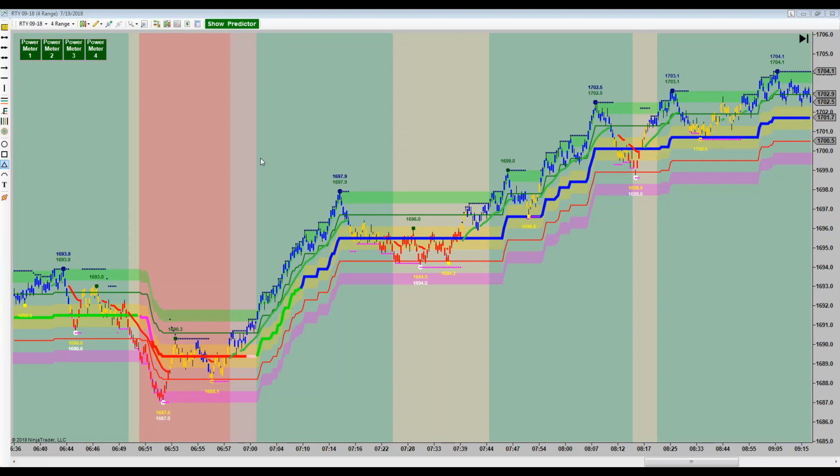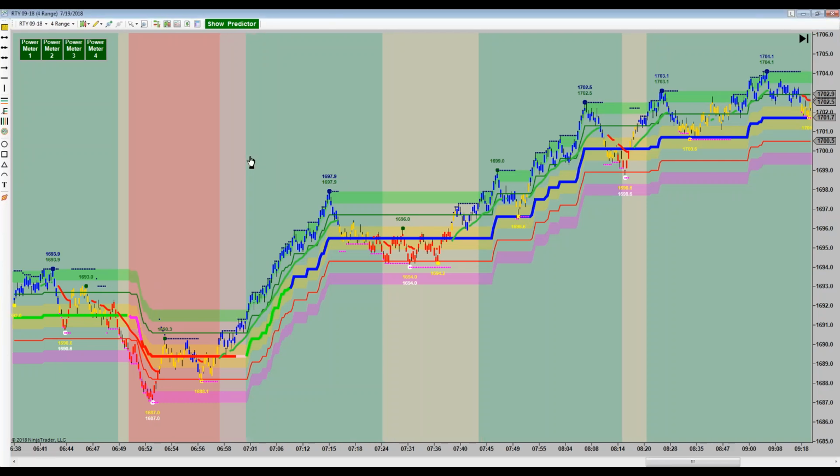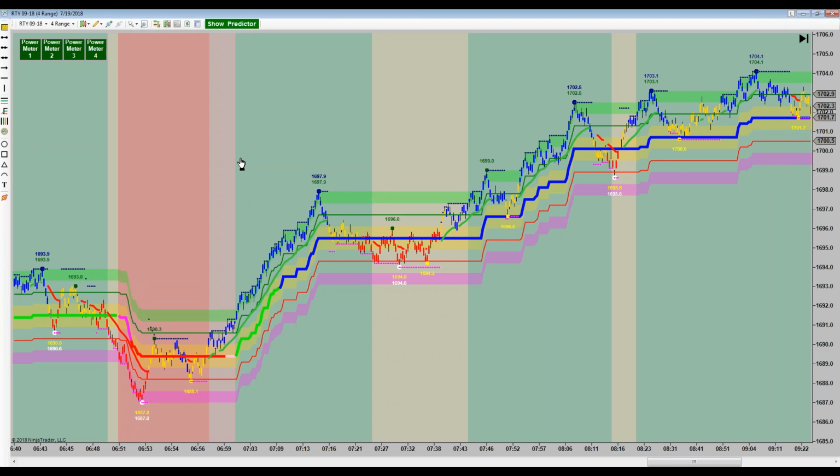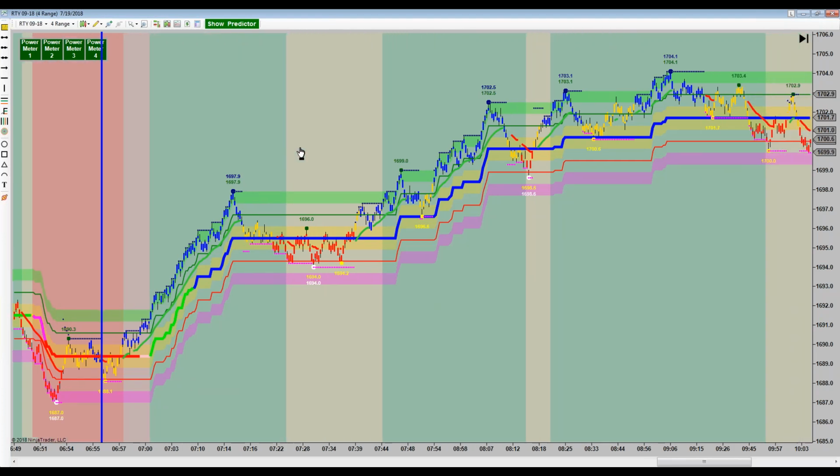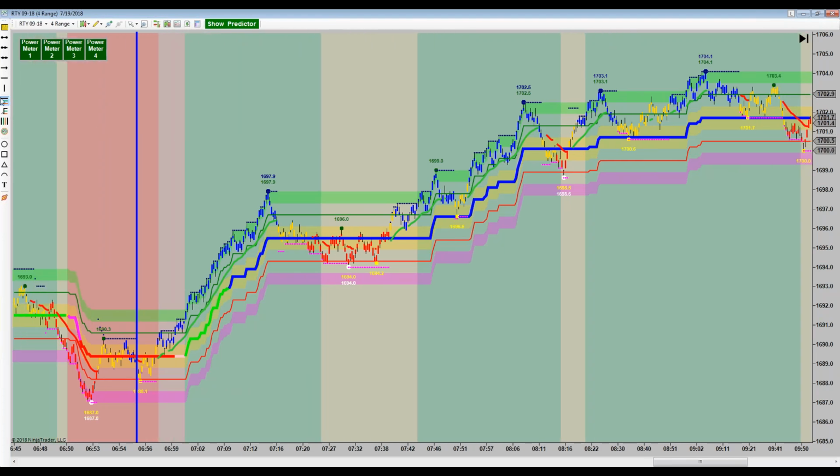Anyway, back over here, I'm going to do this a little bit differently. I'm going to put some vertical lines on the Russell. First one is going to be here, and let's do another one over here. I'm going to give you 10 seconds for this, maybe 15 seconds. I'll give you a little bit more time. So this is basically from just before 7 a.m. today on the Russell.